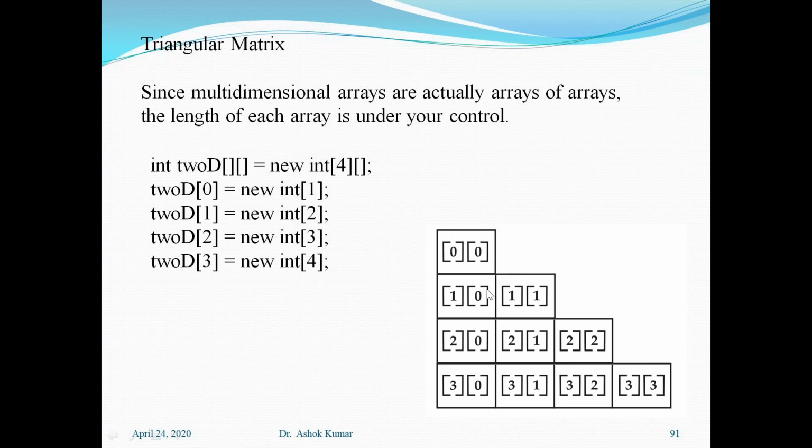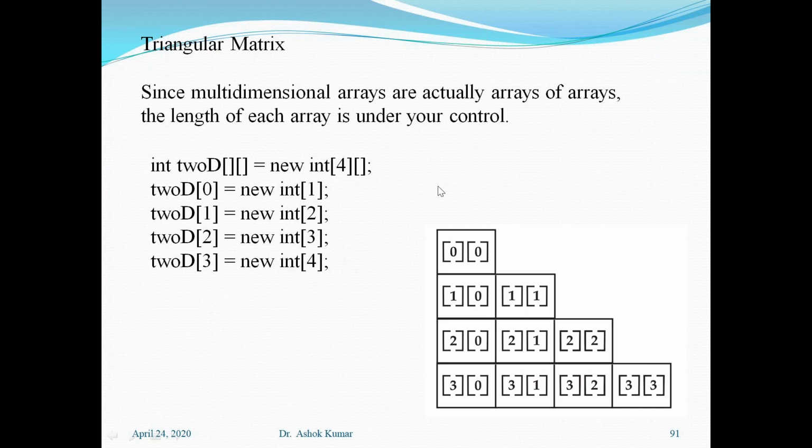Let's say I want to create this array where the first row has just one element, second row has 2 elements, third row has 3 elements, and fourth row has 4 elements only. So this triangular array we want to create. This creation of a triangular matrix is possible in Java, and for the creation of such arrays where every row can have a different size, we use this process.